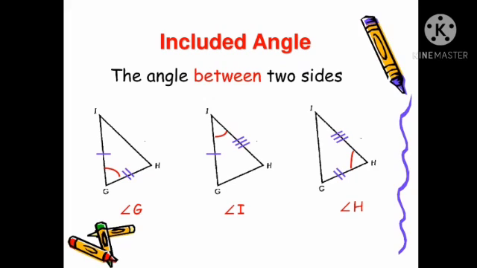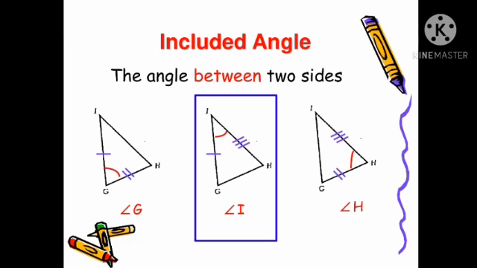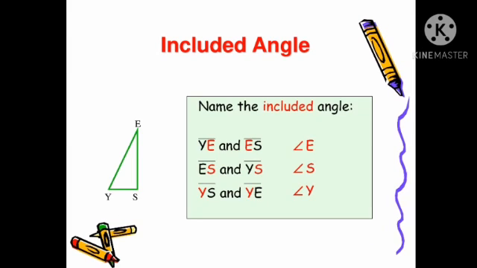Important note: what does included angle mean? The angle between two sides. Observe here, in the first picture, angle G is between the two sides IG and GH. In the second picture, angle I lies between sides GI and IH. In the third picture, angle H lies between side GH and side IH. From this example, see how to identify the included angle between sides.